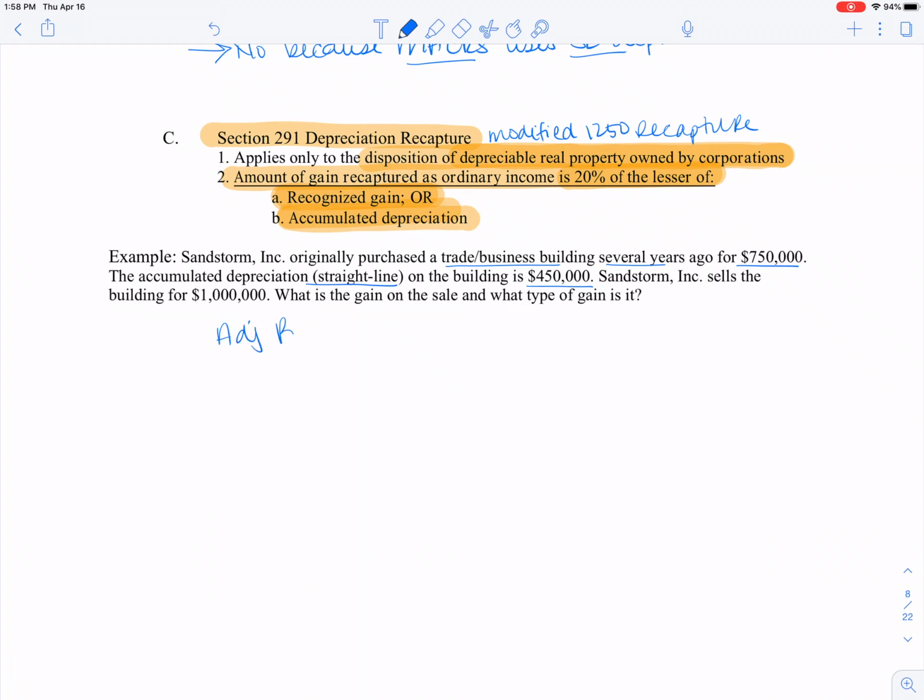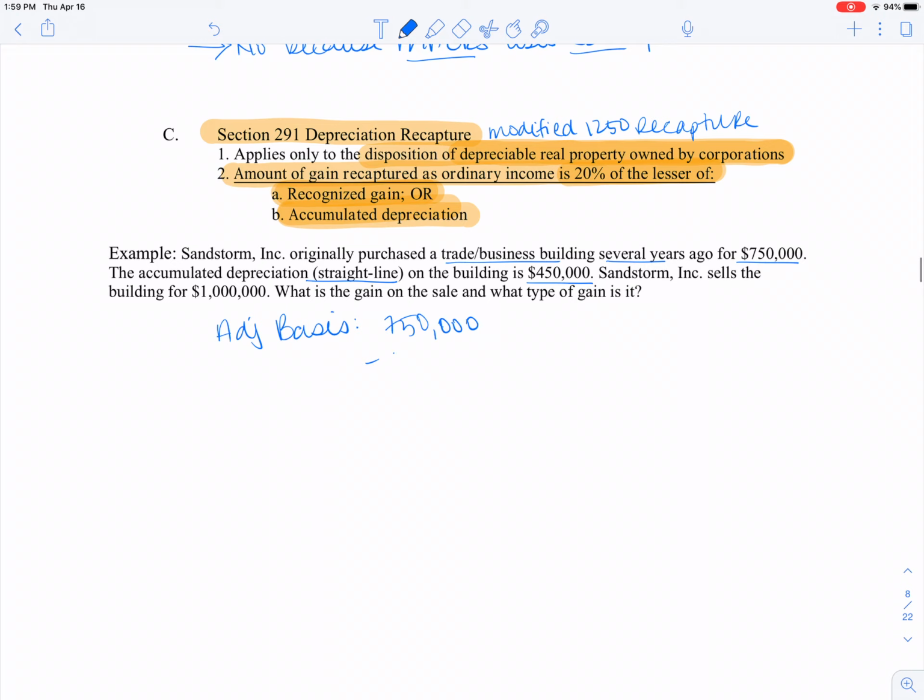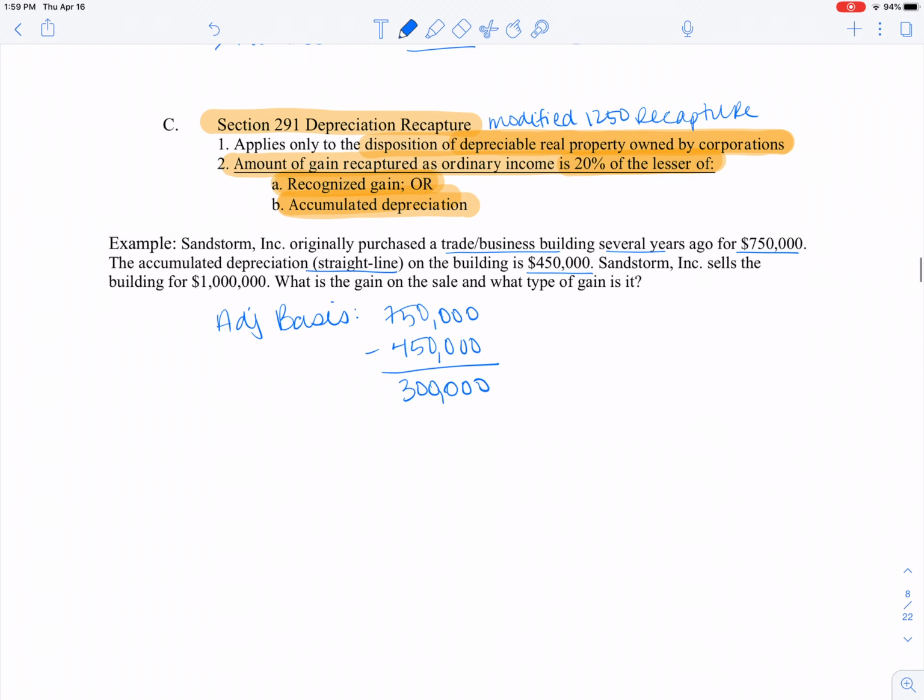First, let's calculate the adjusted basis. We paid $750,000 for it. The accumulated depreciation on it was $450,000, and that gives us an adjusted basis of $300,000.